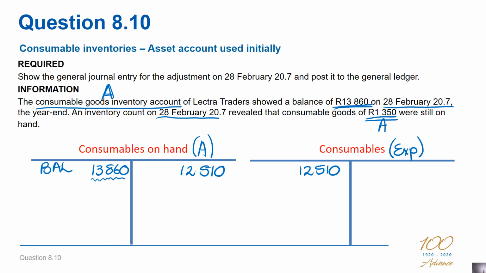So I took this to my consumables expense, and this was transferred from the consumables on hand asset account. Can you see if I balance my asset account at this point? The debit side is the larger amount.